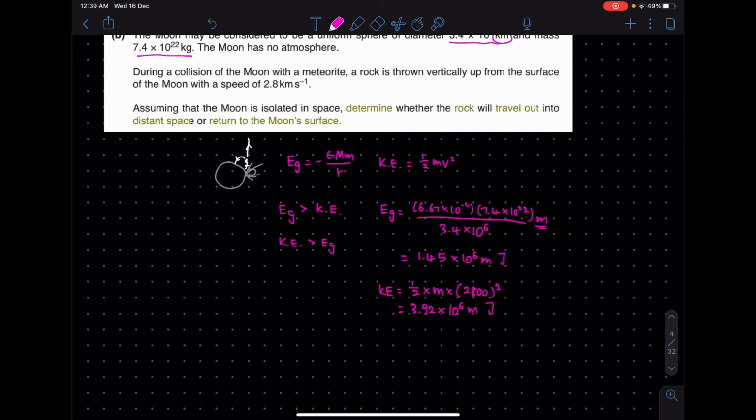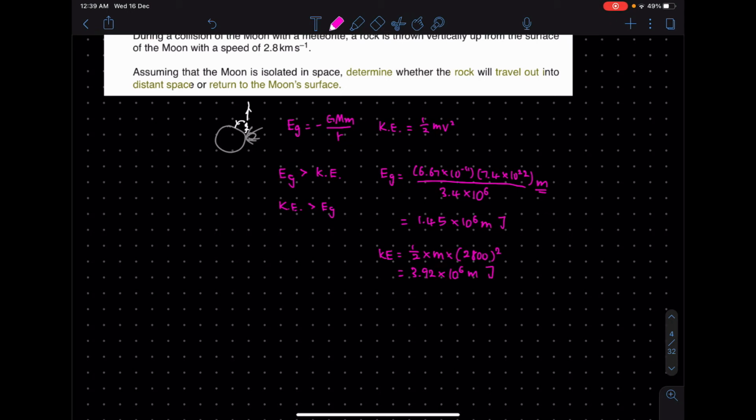Now, this answer might seem confusing for some of you, but you can easily determine whether the rock will travel out into distant space or not, even with this answer, because we know that the m we're referring to is the same rock. So this also means that the mass is unchanged.